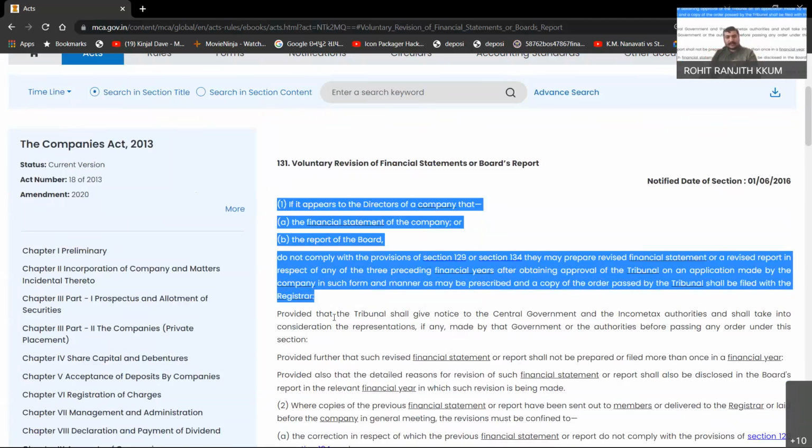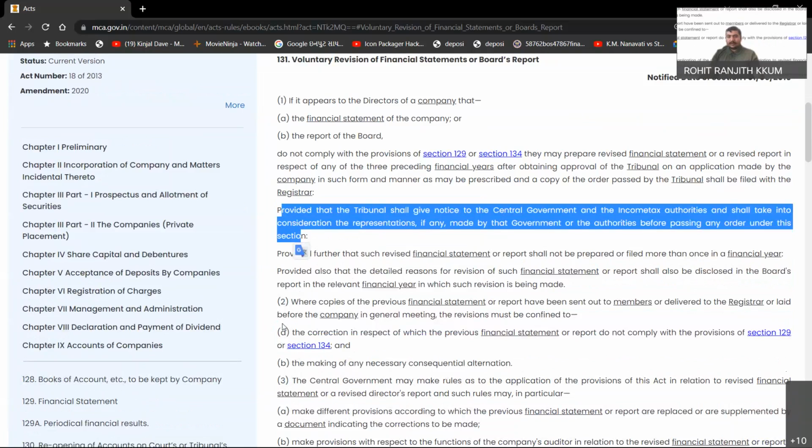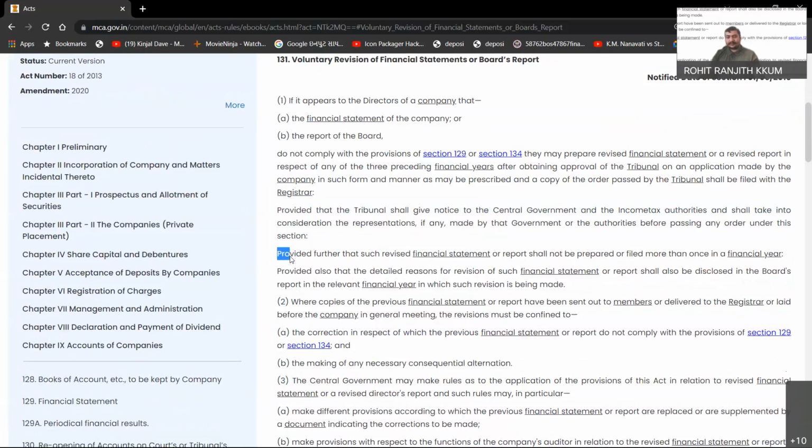So just one sentence will cover the entire extract of this paragraph. Director, 3 years, tribunal: these are the 3 important words in this paragraph that you need to remember. This paragraph provided central government's notice to other authorities. That is the heading of this paragraph. All right. Revision only for 1 year.